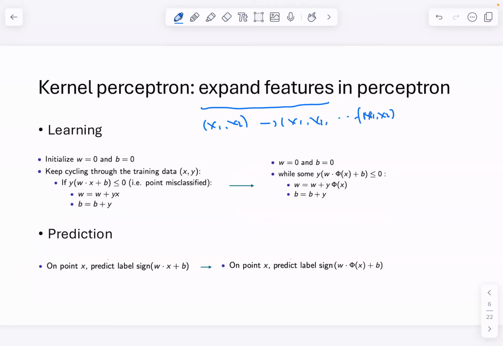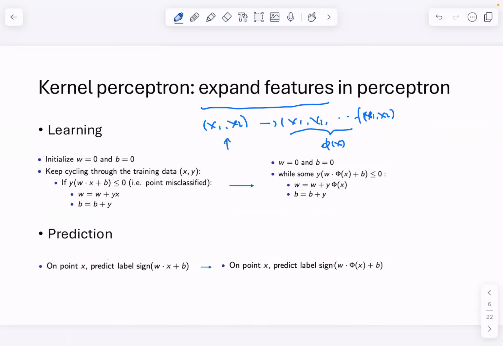These additional features could be some functions of x1 and x2, the original features. So this is how we expand features. And we call these expanded features phi x. It's typically in a higher dimensional space than the original features x here.